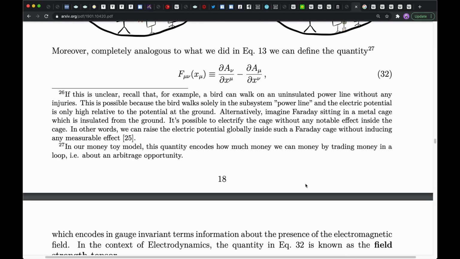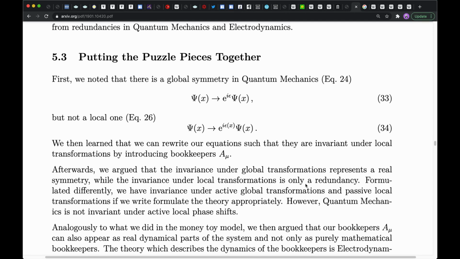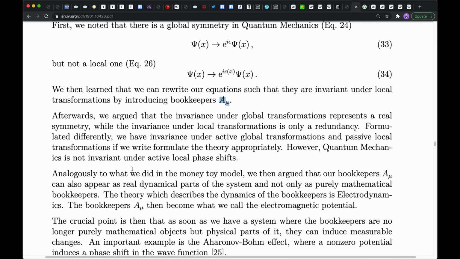But anyway, let's go further to 5.3 here to put everything together. So basically we have seen that we have global symmetry in quantum mechanics, but not a local one. We can use that complex rotation with a constant, but not with a function. We then learned that we can rewrite our equations such that they are invariant under local transformations by introducing bookkeepers, those potentials.